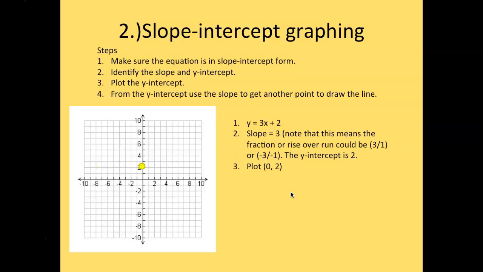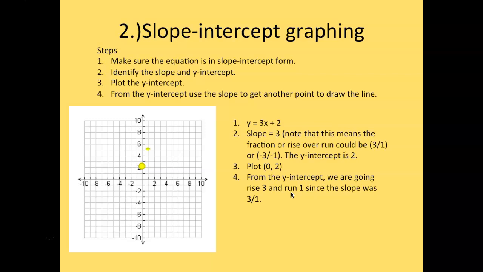Okay, so next, number 3, plot 0, 2. That is your y-intercept. Okay, so after having that, number 4, from the y-intercept, we're going to go for the rise and run. So 3 units up and 1 unit to the right. Again, from your y-intercept, the next step should be moving 3 units up, that's your rise, and 1 unit to the right, that's your run.